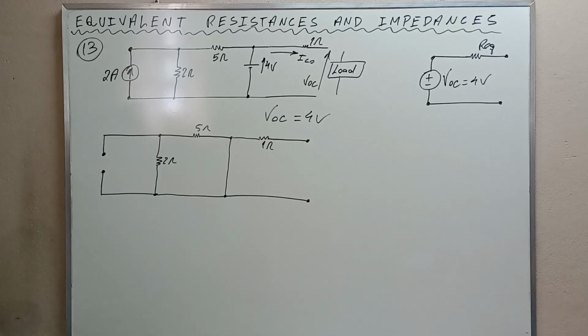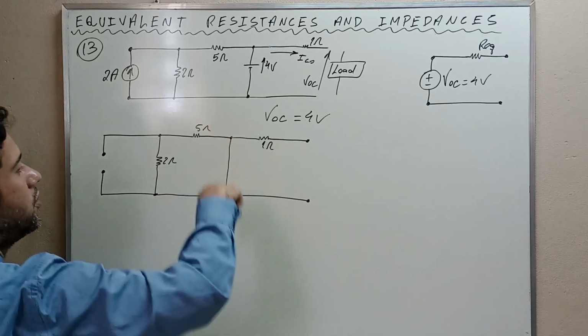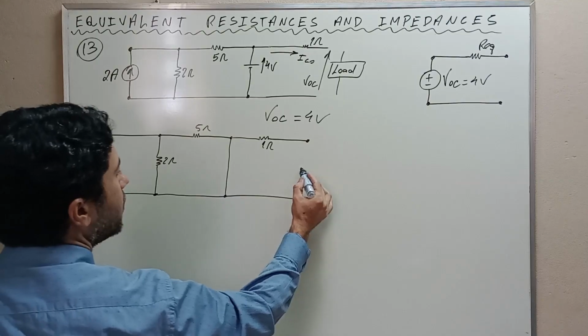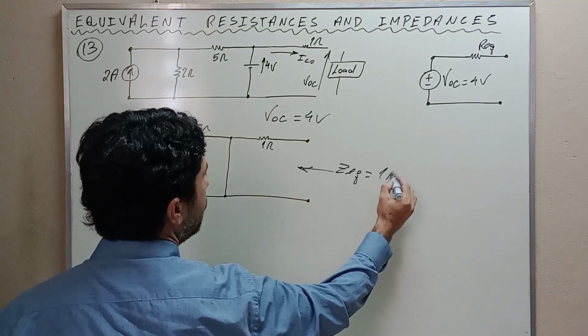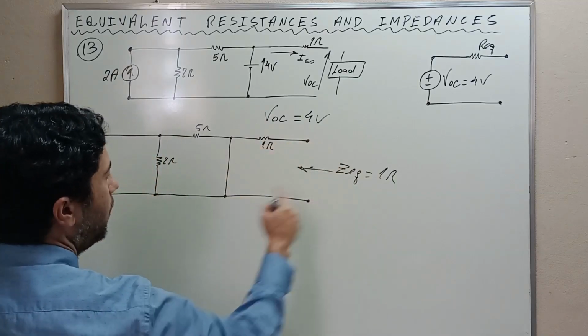Due to the short circuit, where the voltage source was, the equivalent impedance will be only 1 ohm, okay?